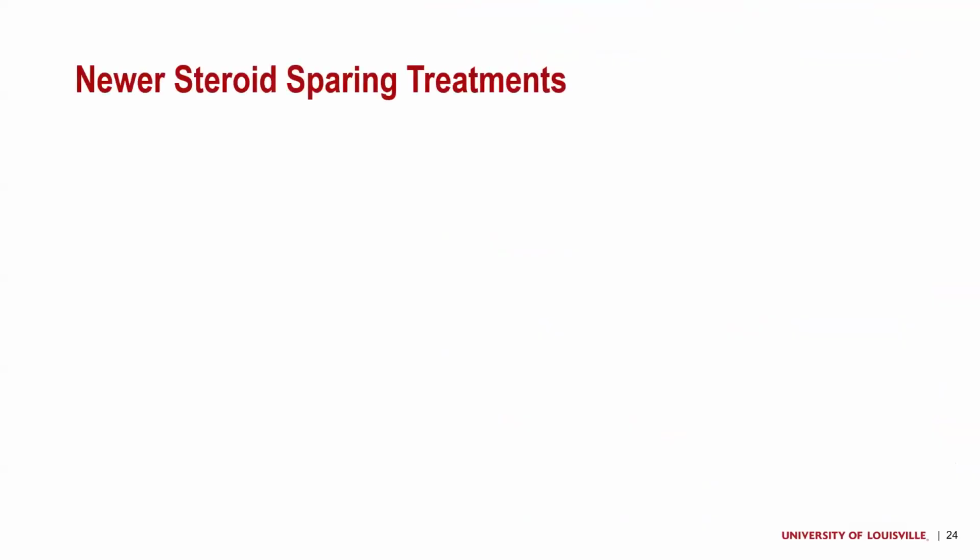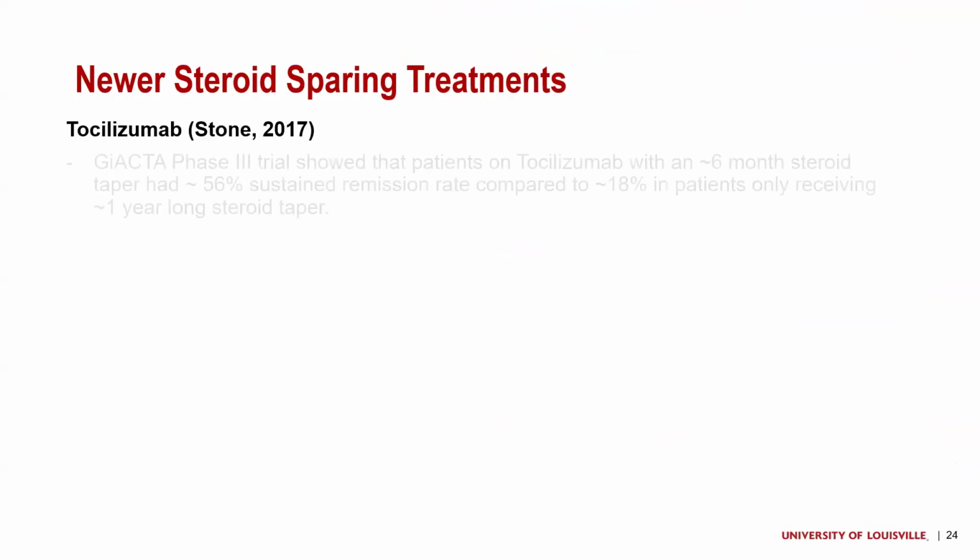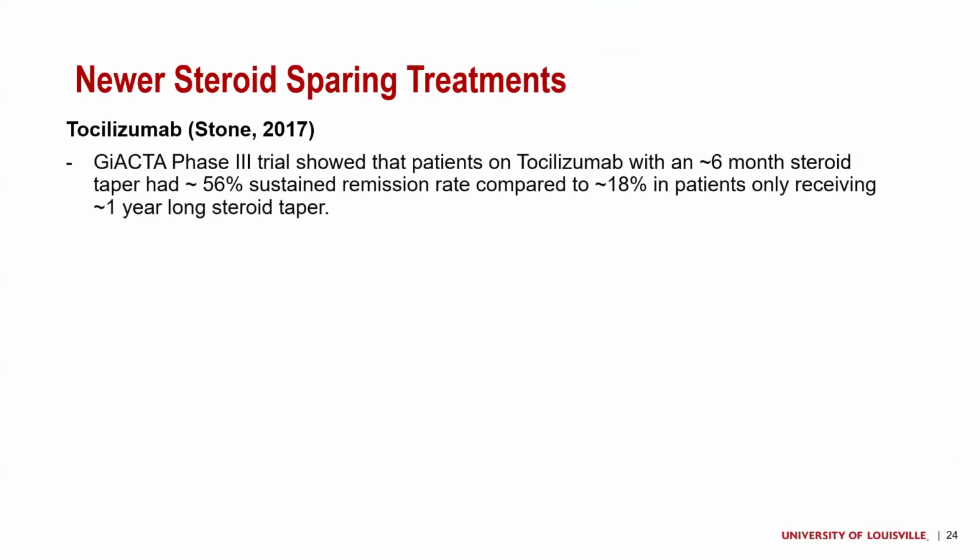And then lastly, I think we're a little over time, so this is my last slide, or second to last slide, but real quick. There are some medications out there that can let us taper steroids quicker. This is usually prescribed by a rheumatologist. So tocilizumab has been the one that has gotten the most studies done.